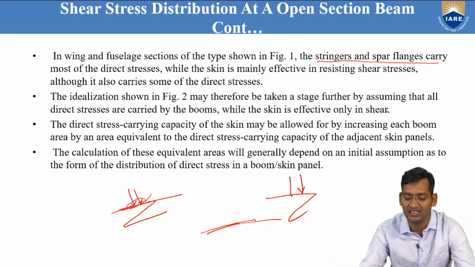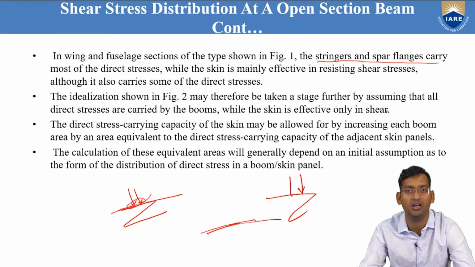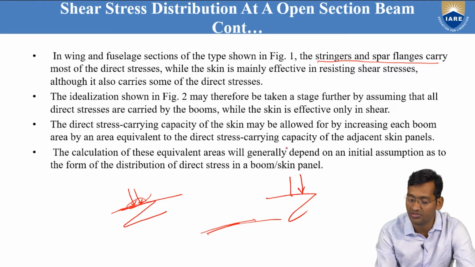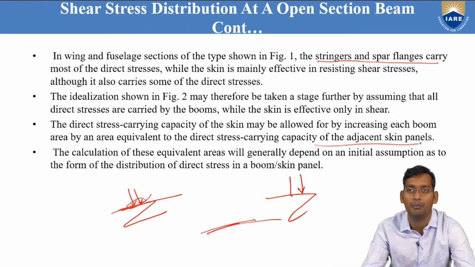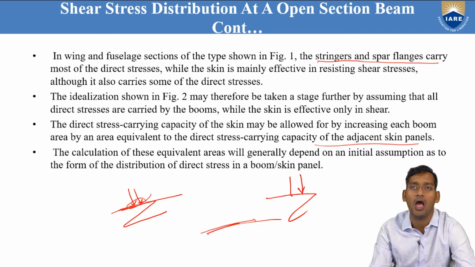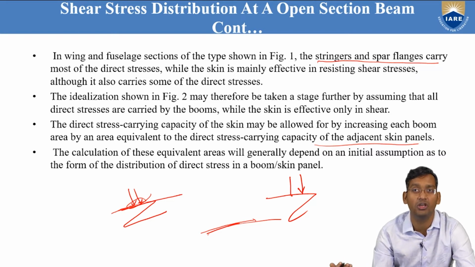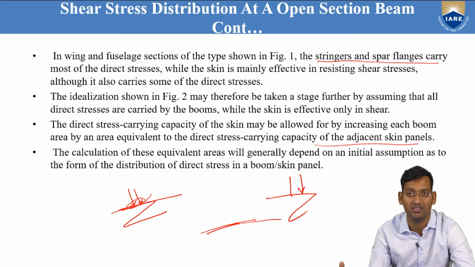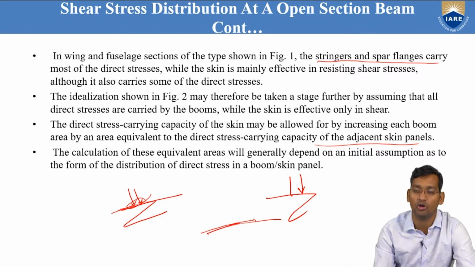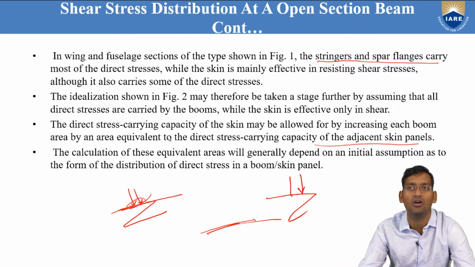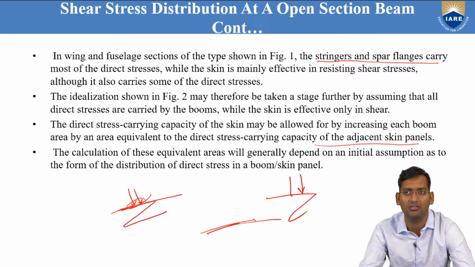The direct stress carrying capacity of the skin may be allowed for by increasing each boom area by an area equivalent to the direct stress carrying capacity of the adjacent skin panel. So for the adjacent skin panel, according to how much direct stress it has the capacity to hold, we can increase or decrease the boom area.